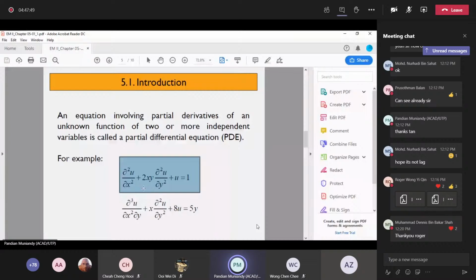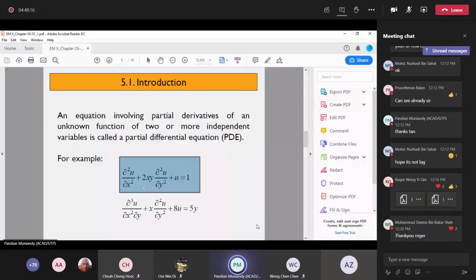So what is del squared u del x squared? The u is called the unknown, the output. The x and y are called inputs. You may not know the terms independent variable and dependent variable, which are from mathematics. So the independent variable is the input. Here we have two independent variables. What are they? x and y.